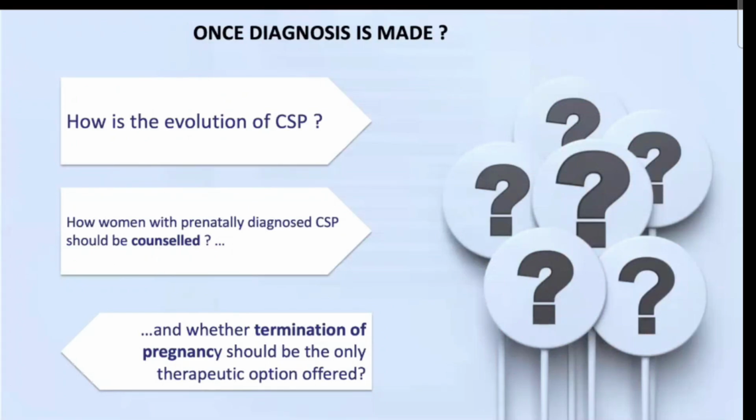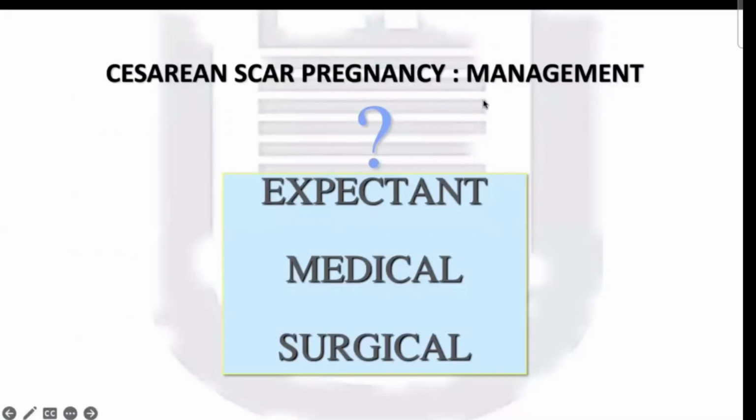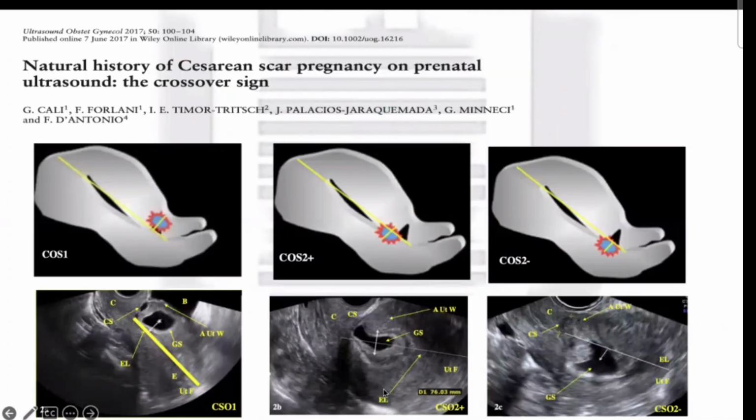So once you have done the diagnosis, you do the types. What is the counseling? What can happen? What is the evolution of this pregnancy? We know that we have a management that can be expectant, medical or surgical. When we go to expectant management, what is the natural history of this scar pregnancy?